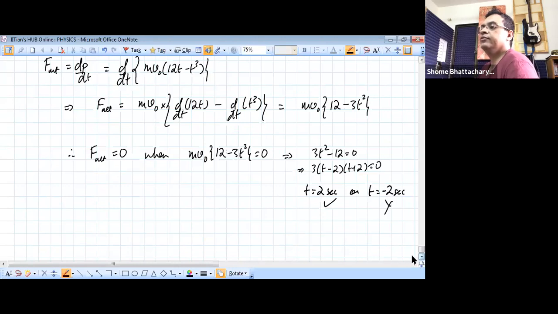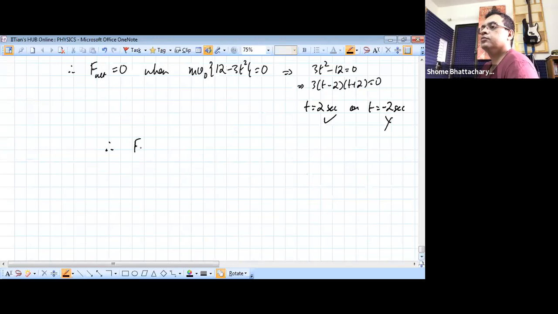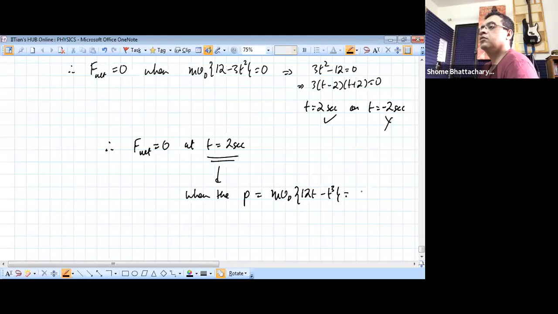So you can see that net force is becoming 0 at t equal to 2 seconds. Okay, and at that point of time, the momentum is equal to that value. When the momentum is 16 m.